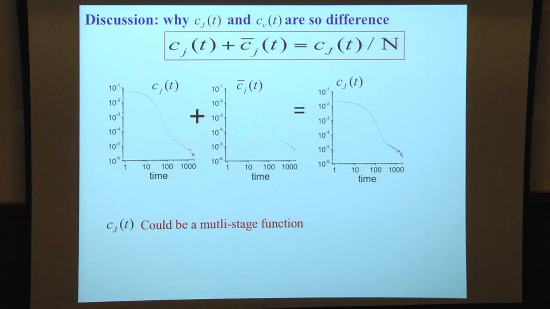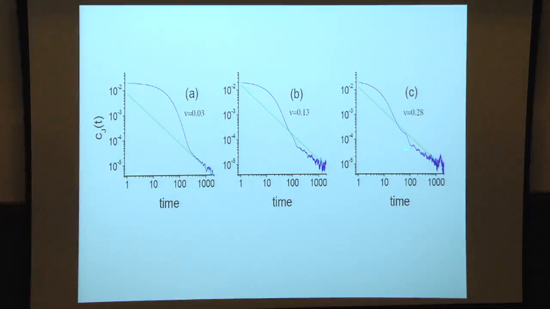When you add these two parts to obtain the global function, it is possible to find such kinds of stages. The multi-stage decay should be induced by the second term, but the second term is seldom focused on.